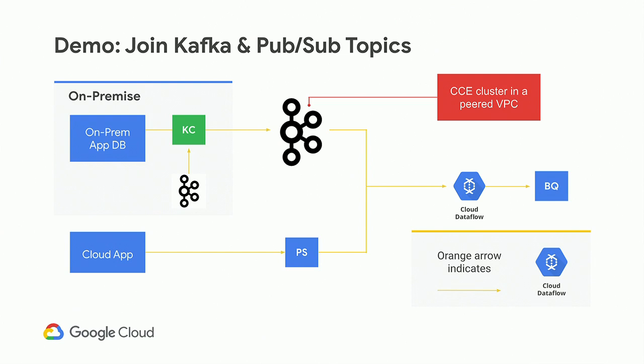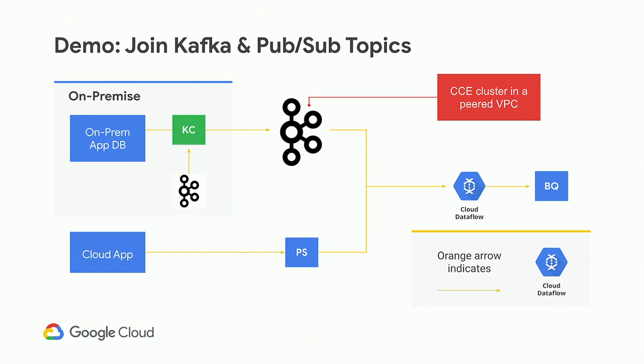And then I have a Pub/Sub topic that I'm sending data to as well. And with Dataflow, I'm going to combine those two streams, merge them, and then write it to BigQuery, which is our serverless data warehouse. And then we can do some queries against that data that's in BigQuery. So that's the goal.